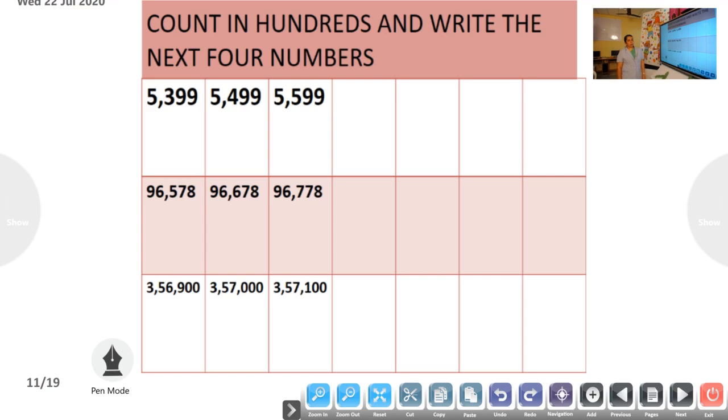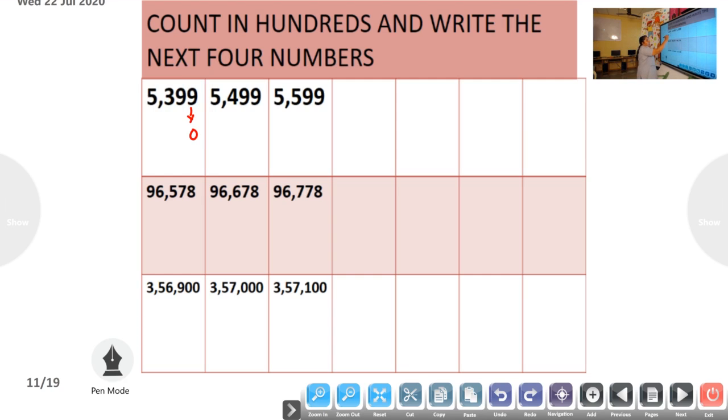Now we are going to count in hundreds. That means we are changing only the hundreds place. Is it clear? Counting in hundreds means there is only change of digit in the hundreds place. So which is your hundreds place here? Ones, tens, hundreds.